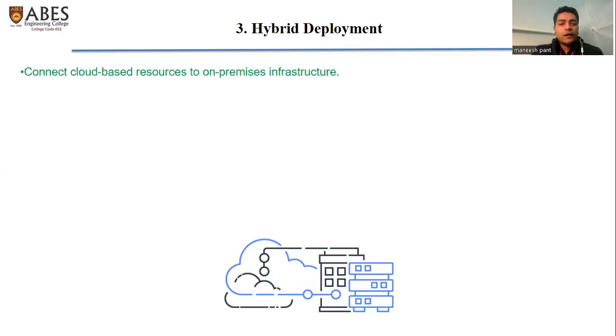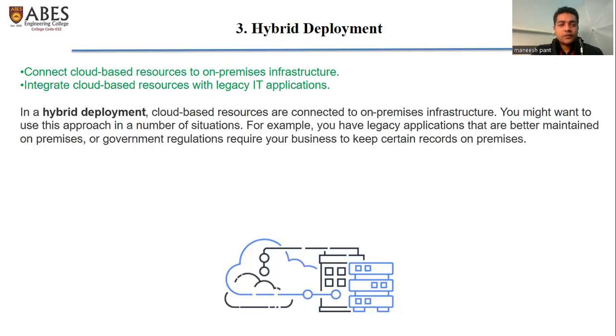So it connects cloud-based resources to on-premises infrastructure, and integrates cloud-based resources with legacy IT applications. In a hybrid deployment, cloud-based resources are connected to on-premises infrastructure. You might want to use this approach in a number of situations.